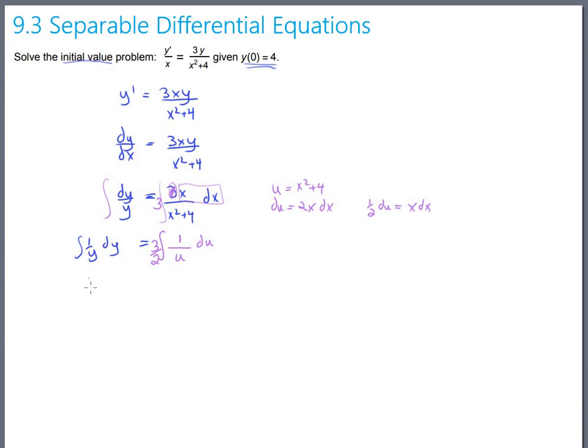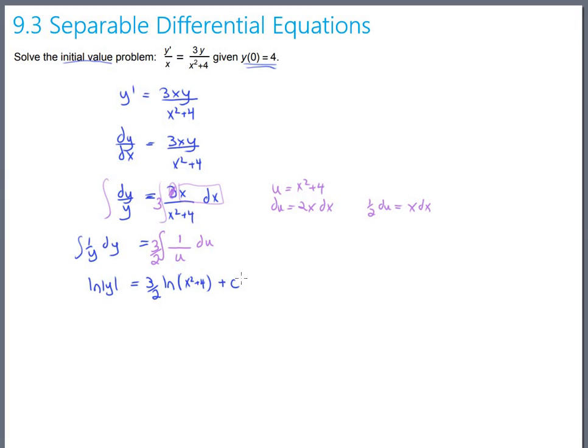So 1 over y goes to natural log of y, and this becomes 3/2 natural log of u, and I'll go ahead and replace u with x squared plus 4, and then don't forget that plus c.